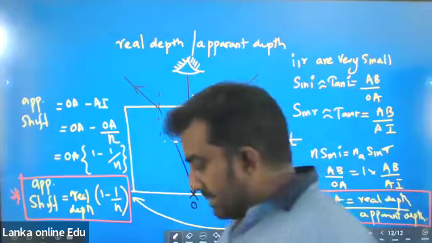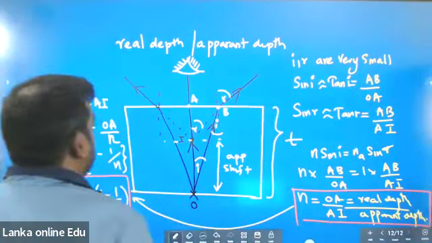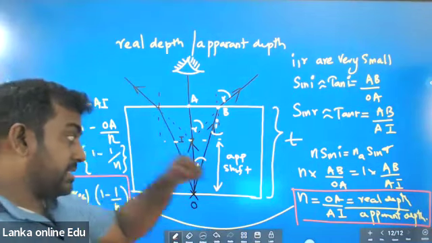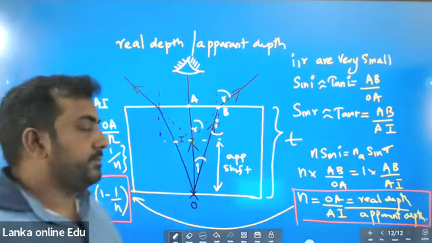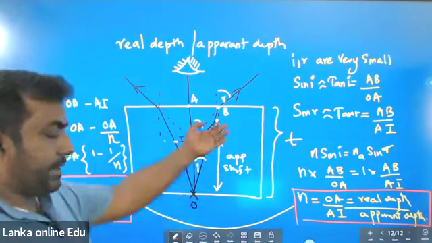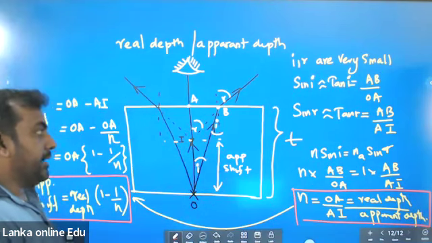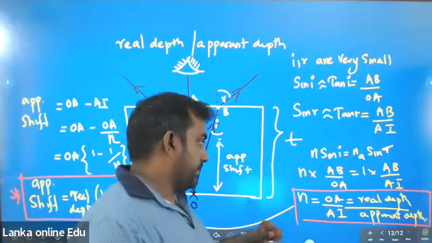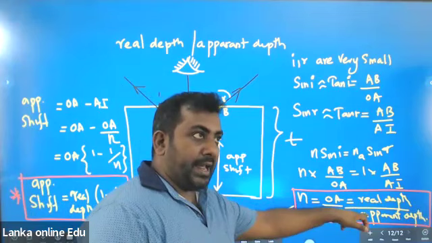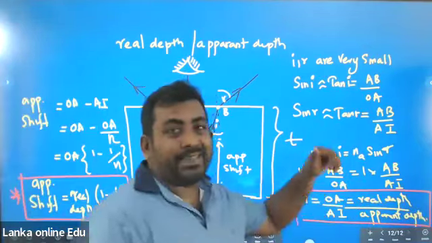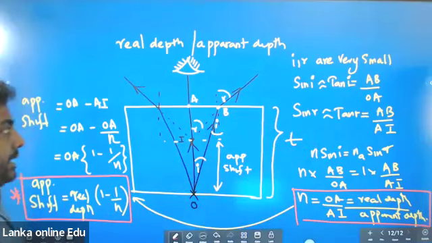Then we can find the relationship for the refractive index and the apparent shift in terms of real depth and apparent depth, as indicated below.